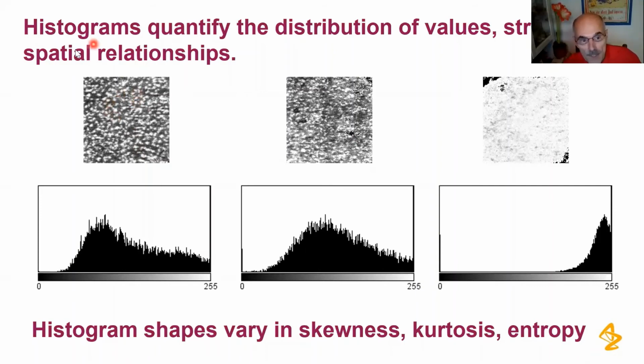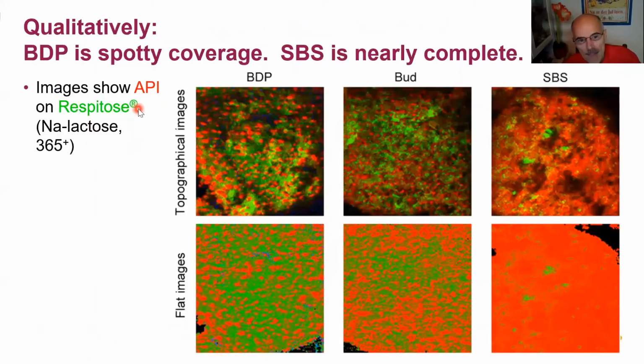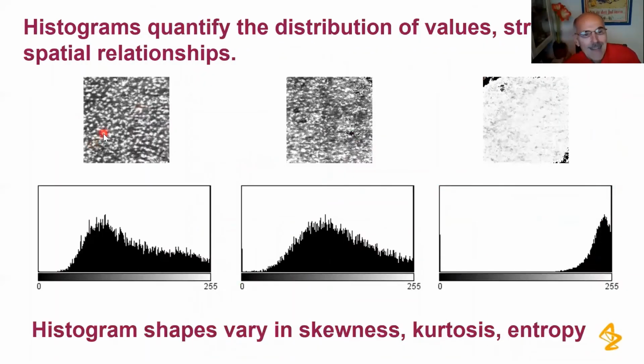One way is just looking at the histograms. For something that's homogeneously coated, as this is, you'll have a thin full width at half max for your histogram peak, and for something that's not, you'll have a broader one. This one, when we first looked at it, looked like, okay, you've got red spots on green, but this area in the center is not perfectly green, and you do still have some drug signal from the interior, the areas between the spots.